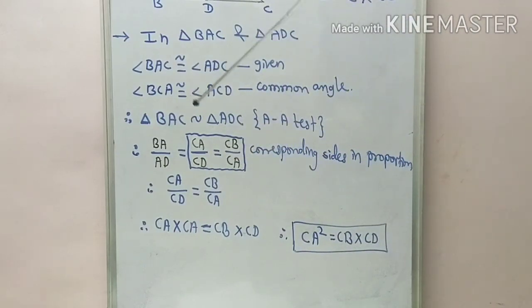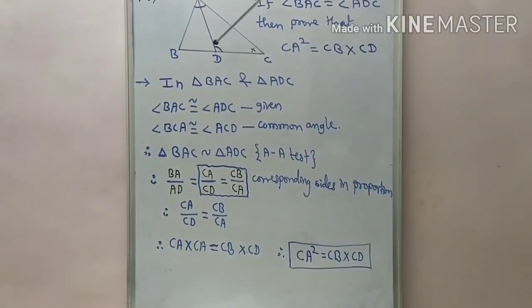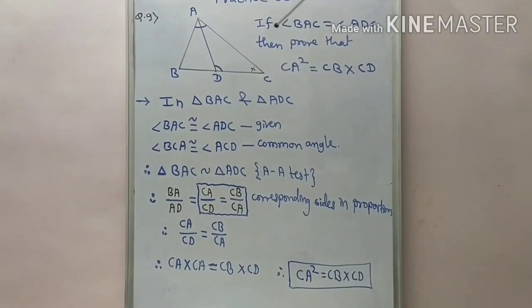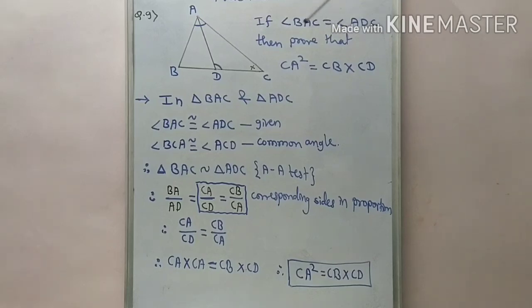Understood, students? So what we do here, first we select two proper triangles, and how are we taking those two triangles? By the given condition that angle BAC equal to angle ADC is given, so we take such triangles which consist of these two angles, so we name the triangles the same as by angle. Angle ABC here we write down as triangle BAC, and angle ADC we write down as triangle ADC, and we prove these two triangles are similar by AA test.